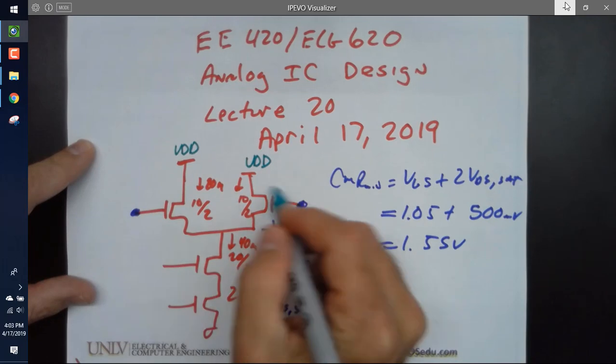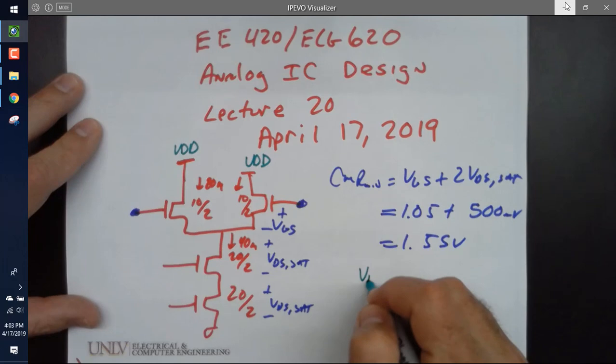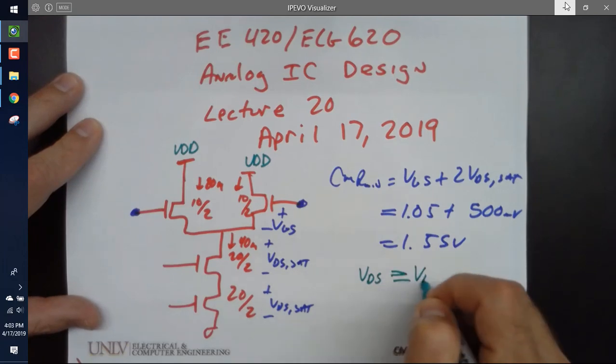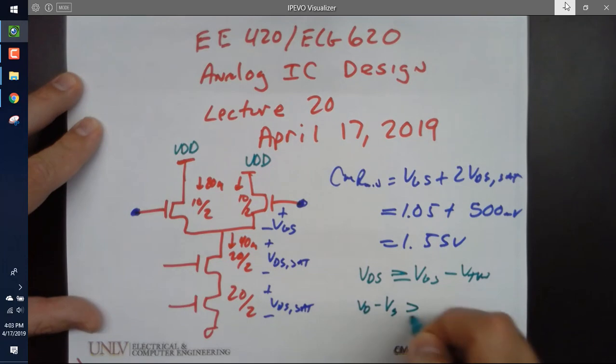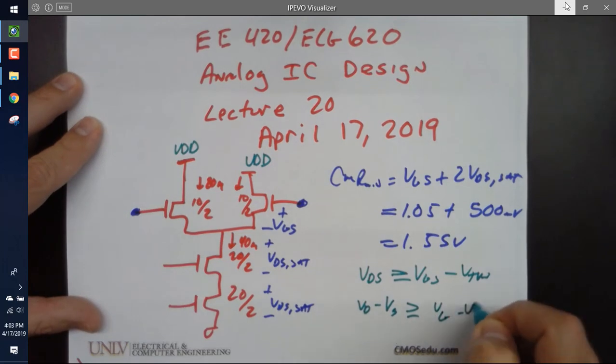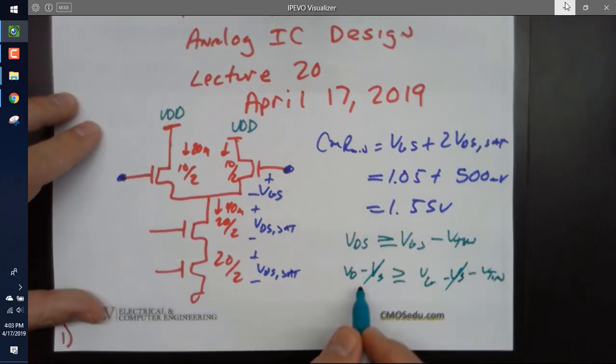So in order for these transistors to stay in saturation, we need VDS to be greater than or equal to VGS minus V threshold N, or VD minus VS greater than or equal to VG minus VS minus V threshold N. Those cancel. VD is what?